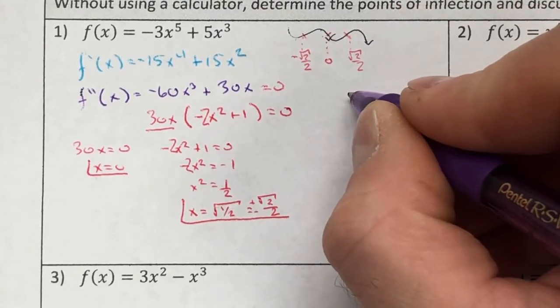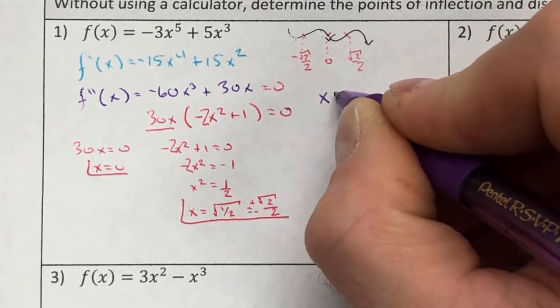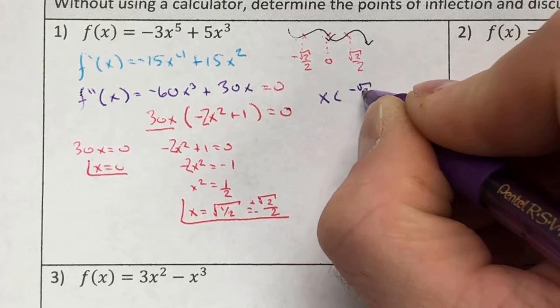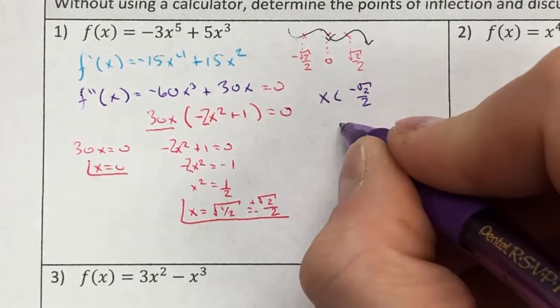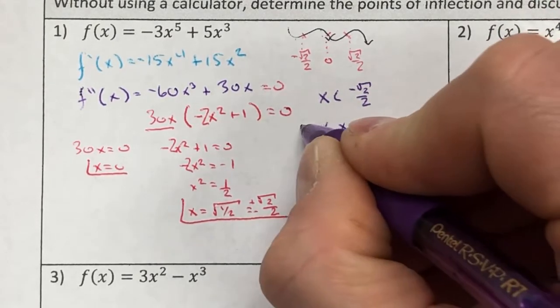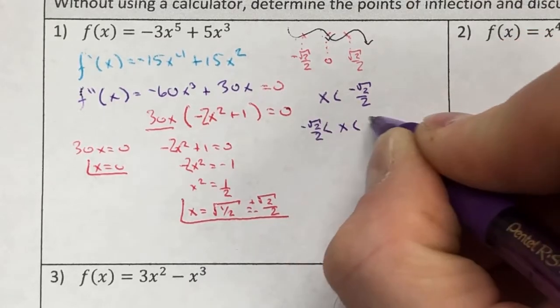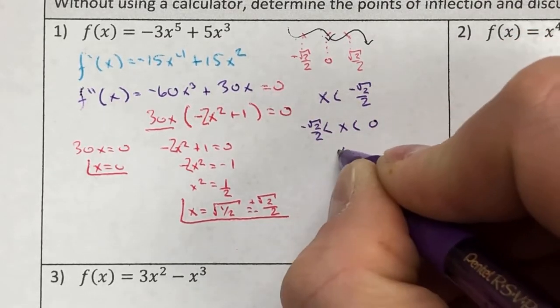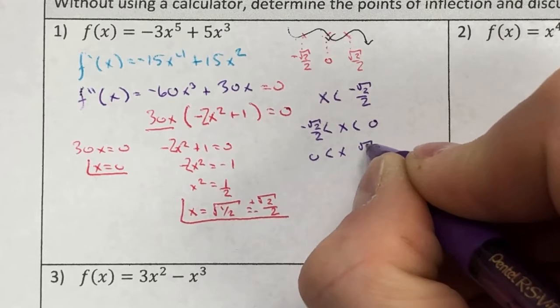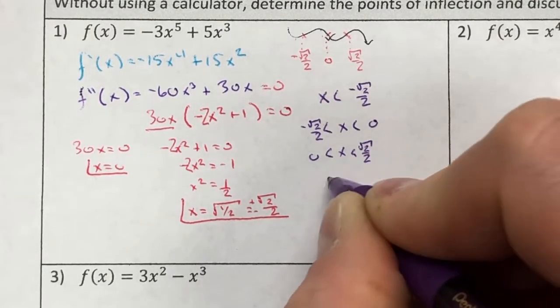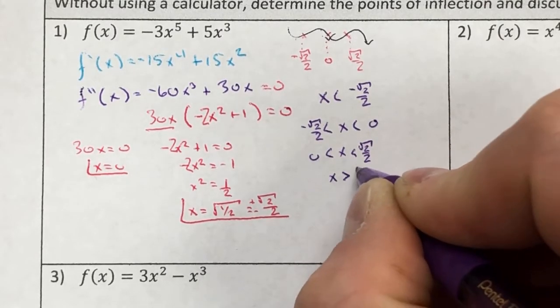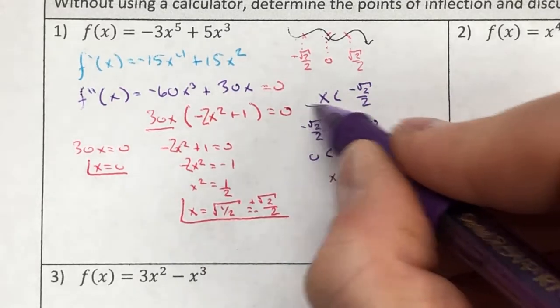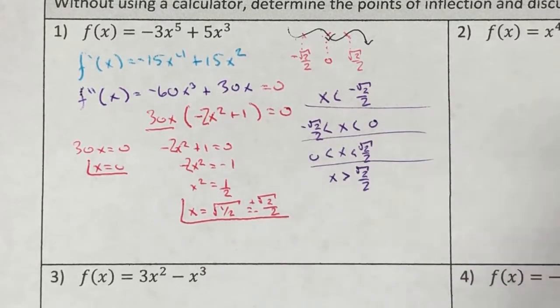I'm going to say, if x is less than negative square root of 2 over 2, where x is between negative square root of 2 over 2 and 0, x is between 0 and the positive square root of 2 over 2, and then where x is just greater than the square root of 2 over 2. I need to discuss concavity among each of these.